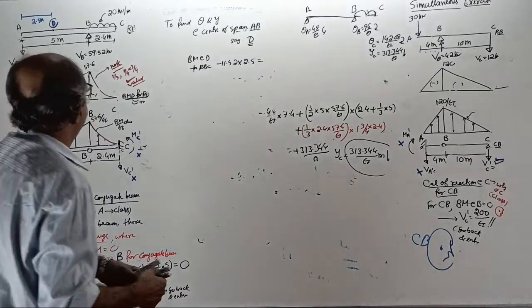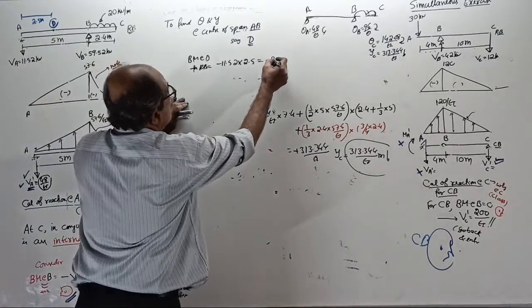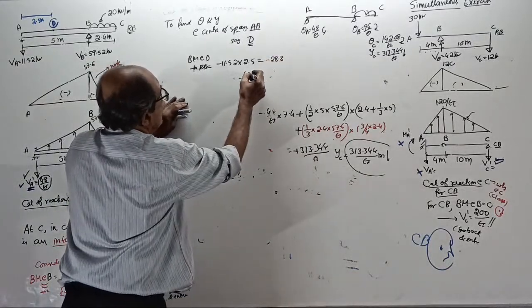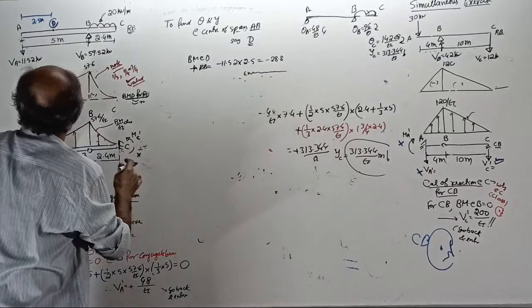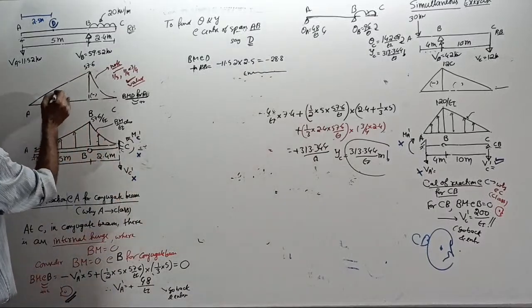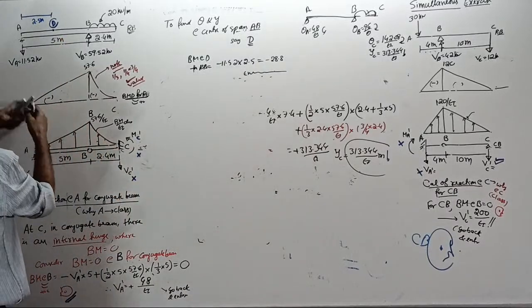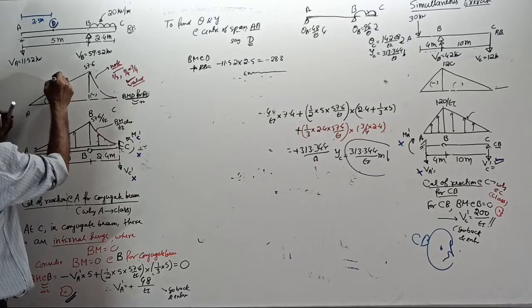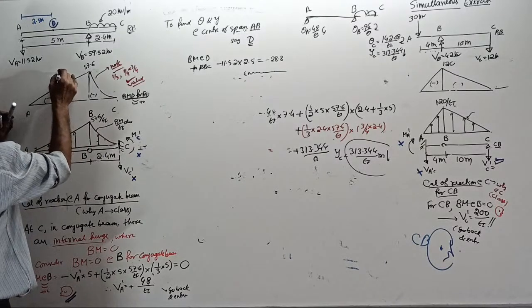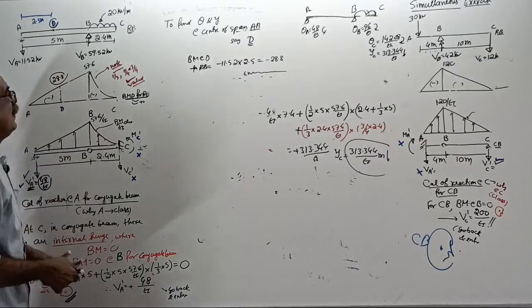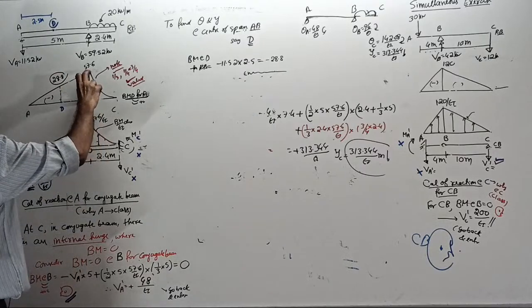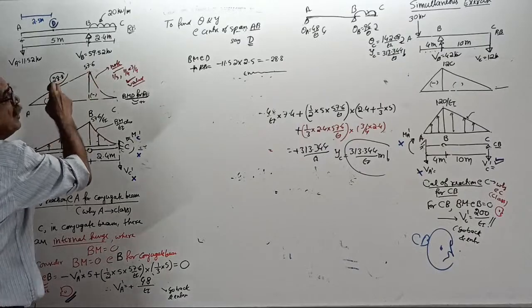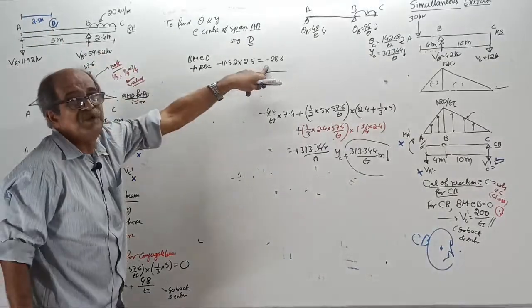Minus 28.8. Now enter the requirement here. Come back here. At that point D, lightly mark here. Enter that answer, 28.8. Actually it is not required, because when it is 57.6, the center is half of that one. Waste of time, yes or no?